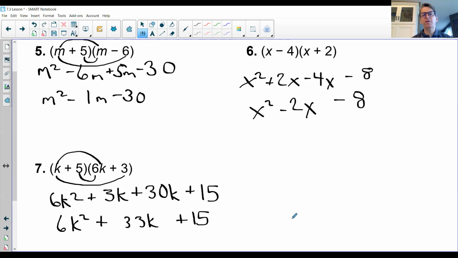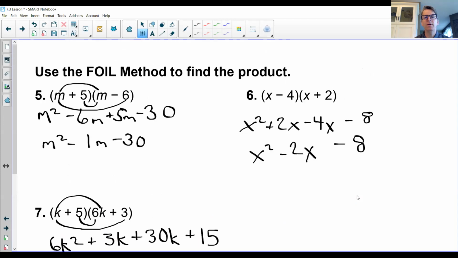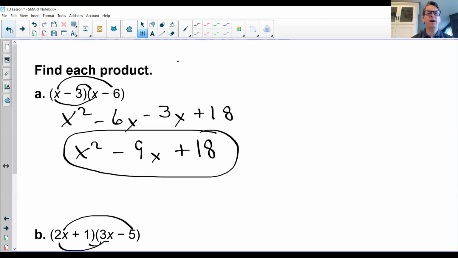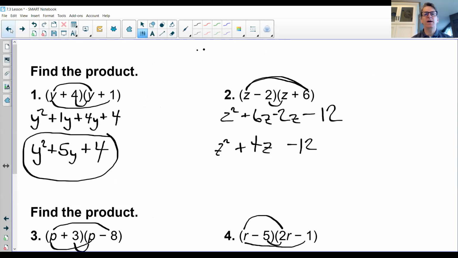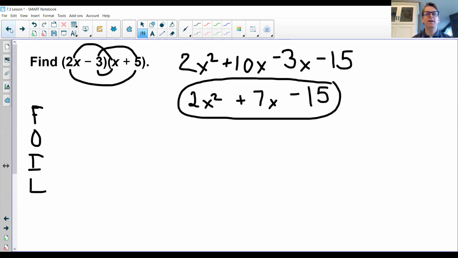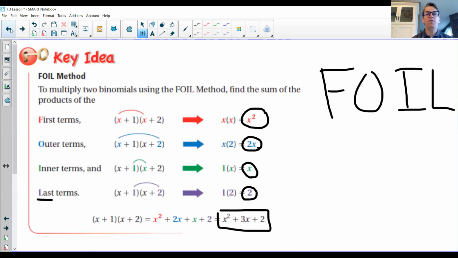I just have a short little assignment attached. Take a good look at it. Hopefully you have a really good idea. We did quite a few examples. 1, 2, 3, 4, 5, 6, 7, 8, 9, 10, 11, 12. 12 solid examples on FOIL, okay?